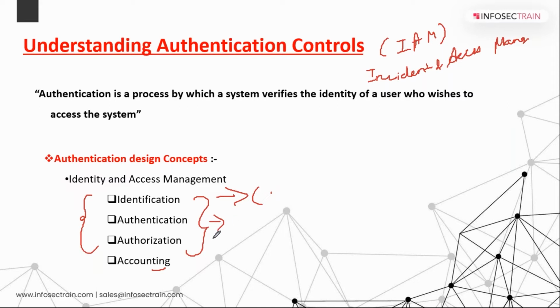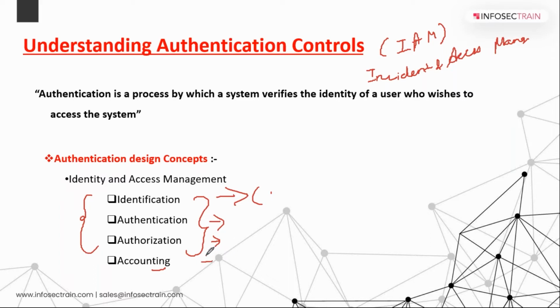Now, in authorization, what do we do? Here we are talking about the design of the concept. It's a privilege, a right. We are determining the rights the user should have and what each resource should have.